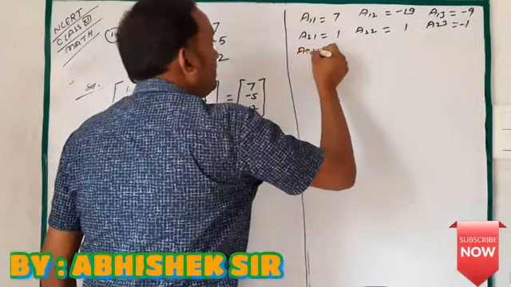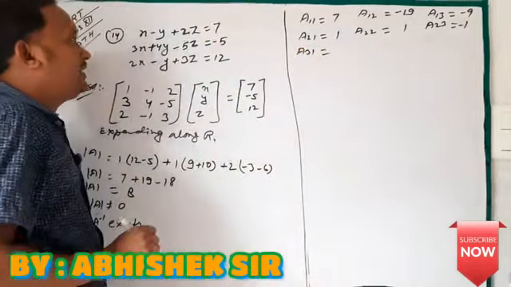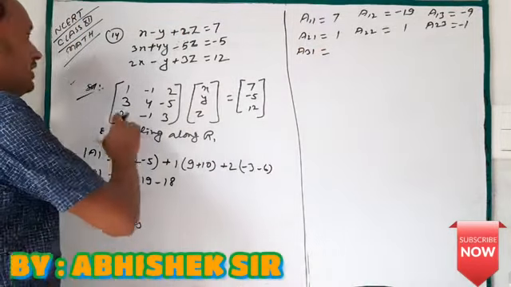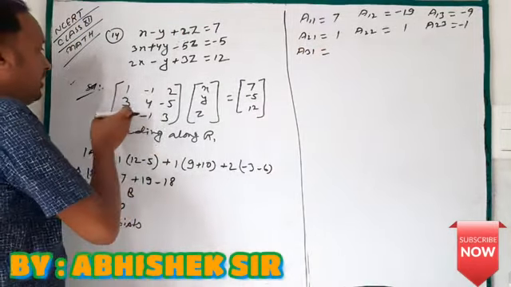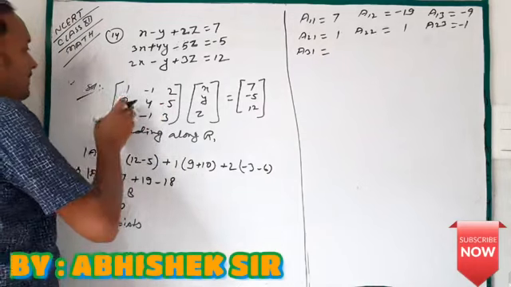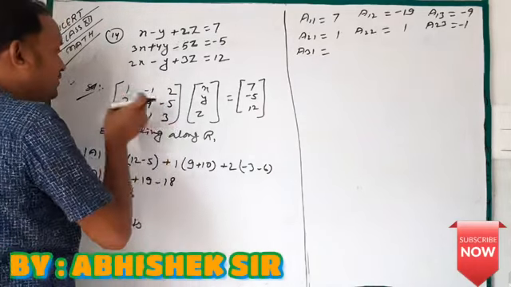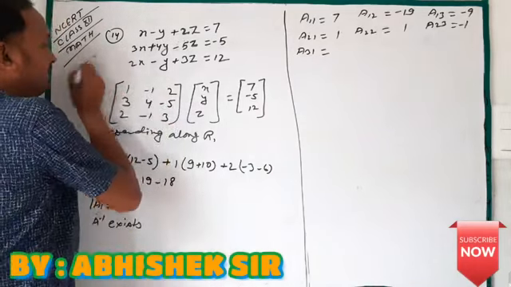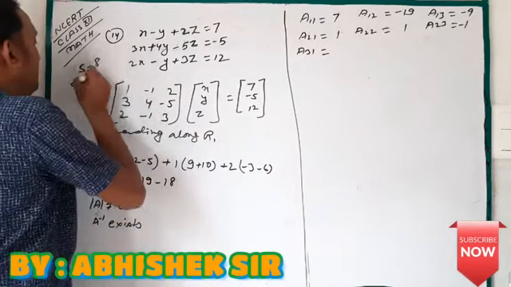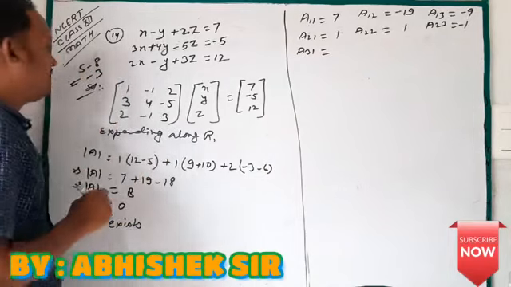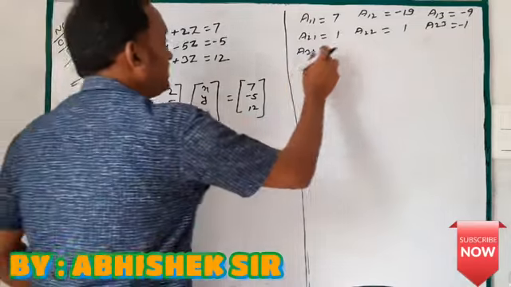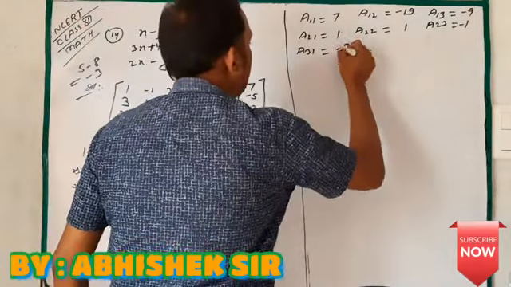A31. What is A31? Third row, first column, 5 minus 4 to the 8, minus 3. What is minus 3? Minus 3 is negative, minus 3.